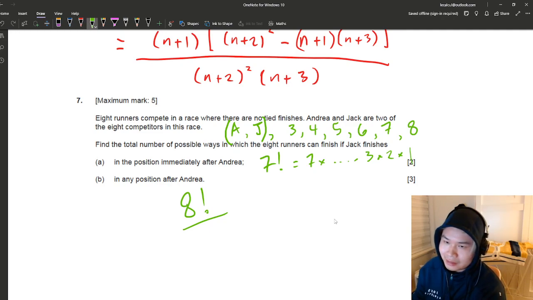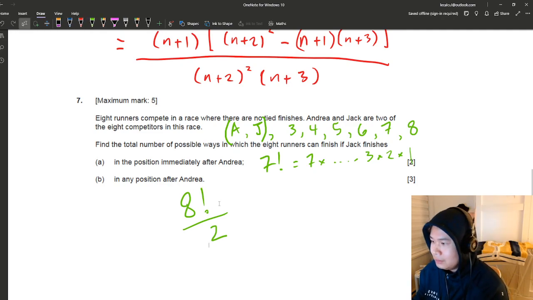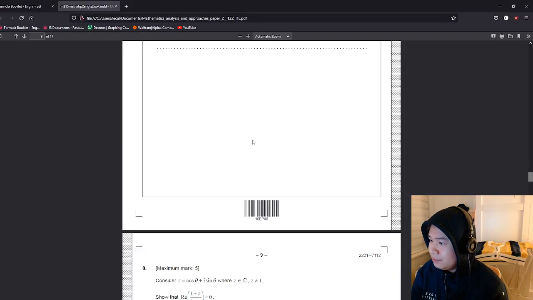There's no other way that you can arrange it. So if we want to find all the ways that Jack finishes after Andrea, then we just take half of the total amount of arrangements. And for the sake of time, I'm just going to leave it like this, and we're going to move on.